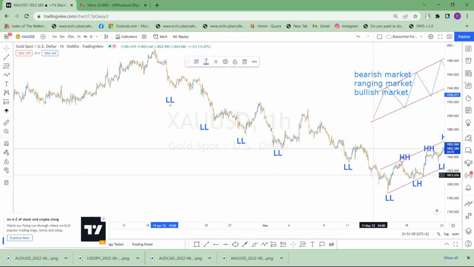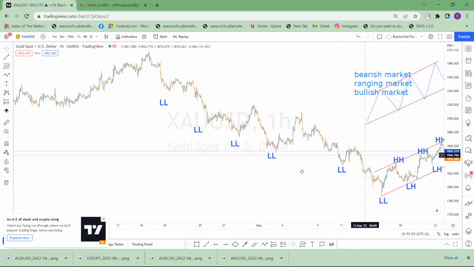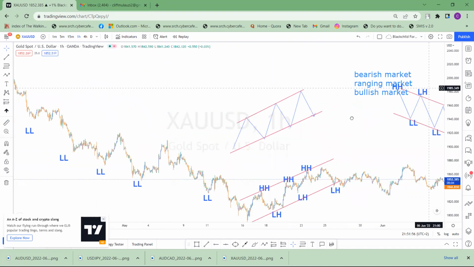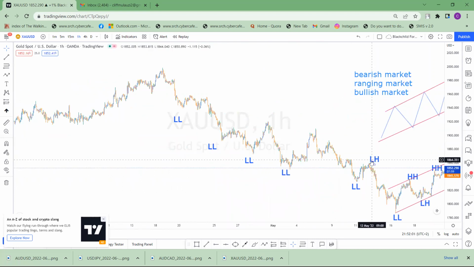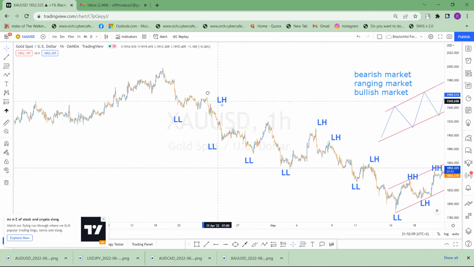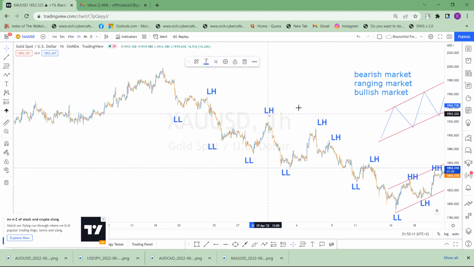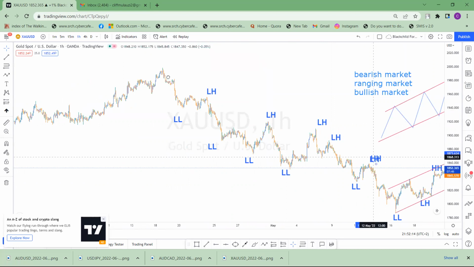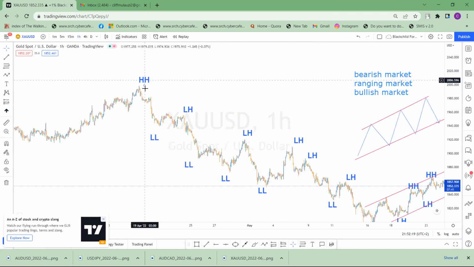And then we're seeing a lot of lower highs, a lower high, another lower high, and another lower high. As you can see, the market is coming from a higher point, coming down here, going up, coming down, going up, coming down, going up, coming down.